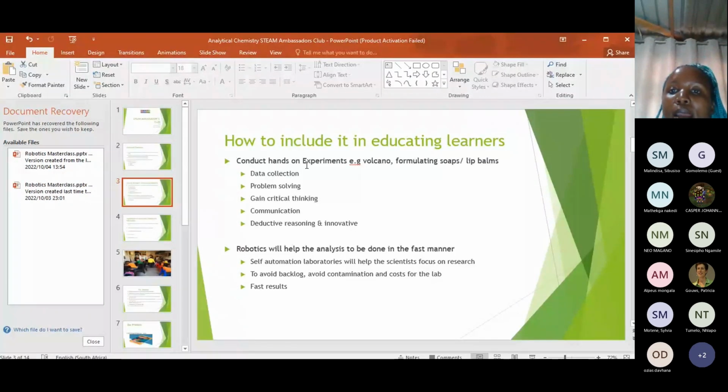And how do we include analytical chemistry in educating learners? We introduce them to experiments so that they can do volcanoes, and with those experiments, they learn data collection, problem solving, critical thinking skills, communication, and also deductive reasoning and innovation as well.